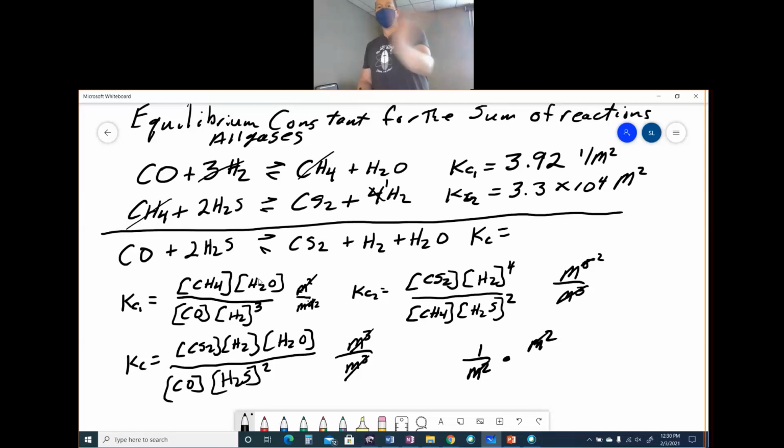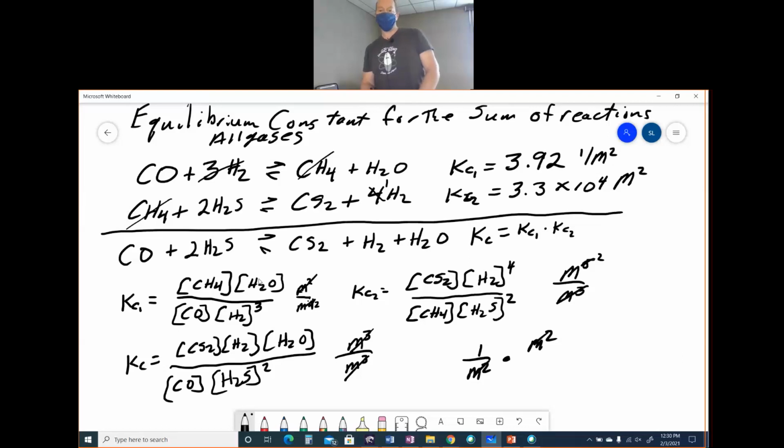When we want to get our equilibrium constant, when we add reactions, we multiply the K values. So it is Kc1 times Kc2. You can also see that if you multiply the two expressions together, the CH4s would cancel, and so CH4 does not show up here.